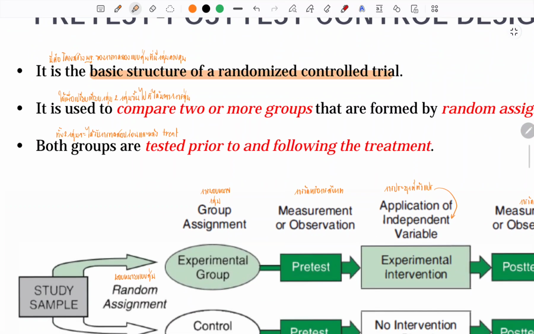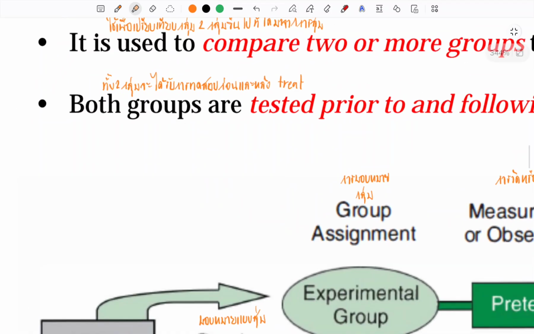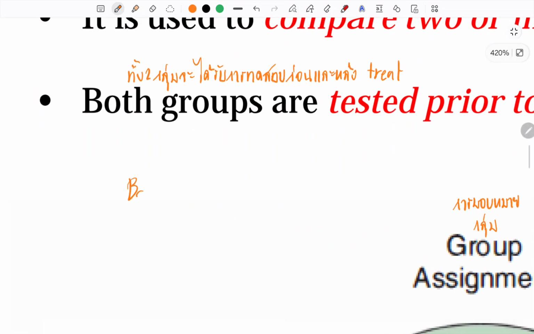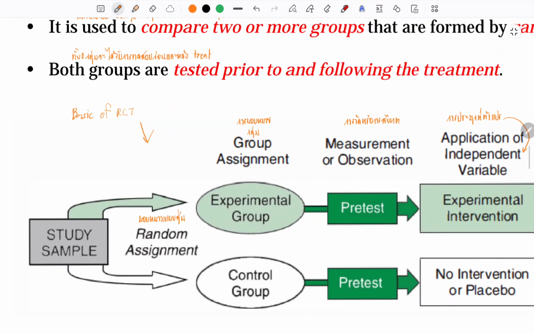Then you measure the baseline of both groups, give them some intervention, and measure for the post-test. This is the basic structure of a randomized control trial because it contains both randomization and a control group, and has both pre-test and post-test.